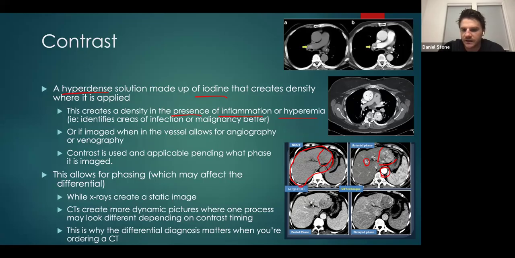In the delayed phase, you can tell that there are contrasted areas in the bottom right where there would otherwise be venous flow. So you can tell that on the outside of a malignancy there's a lot of blood flow, and not a lot of blood flow necessarily within the malignancy because it's hypervascular.